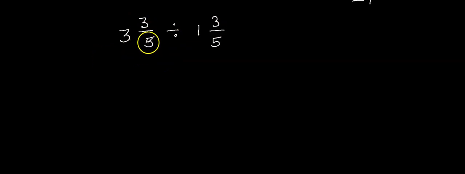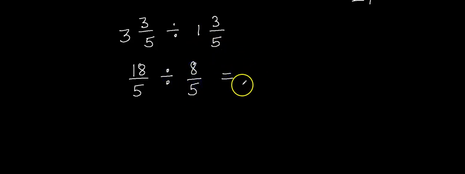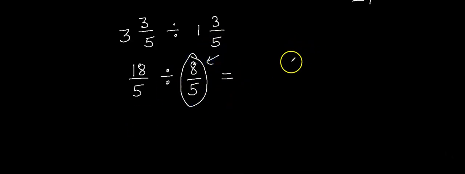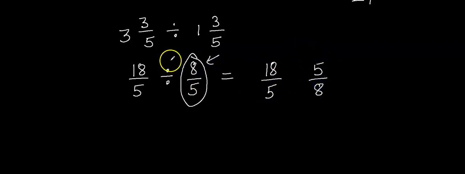So 3 and 3/5 would be equals to 18/5, and 1 and 3/5 gives us 8/5. Now we have to reciprocate the second fraction, which is 8/5. So 18/5, and when we reciprocate 8/5 we get 5/8, and then convert that division into multiplication.